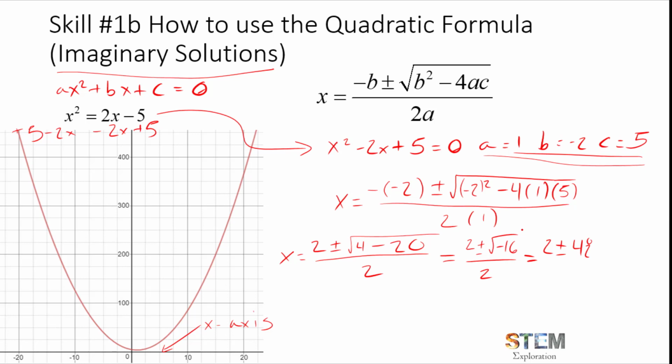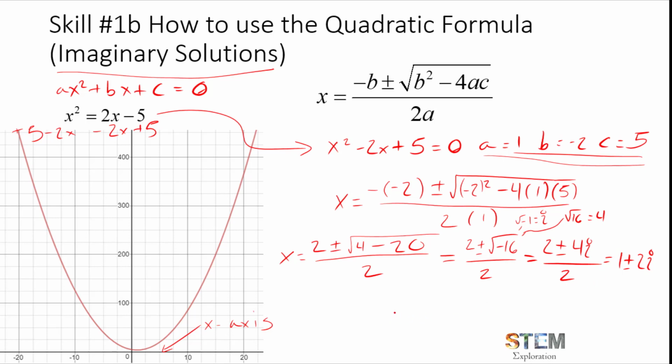All I'm doing here is breaking this apart: the square root of -1 is equal to i, and the square root of 16 is equal to 4. Then we divide it all by 2, and since 2 and 4 are both divisible by 2, we can simplify this to 1 plus or minus 2i. And that would be your final solution.